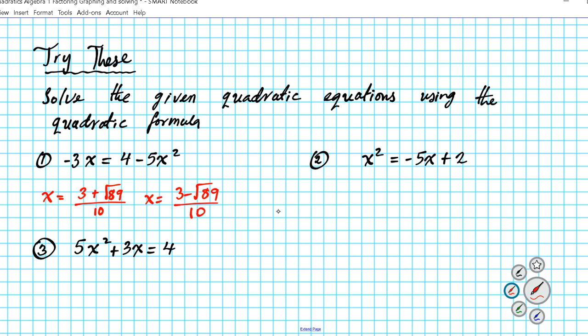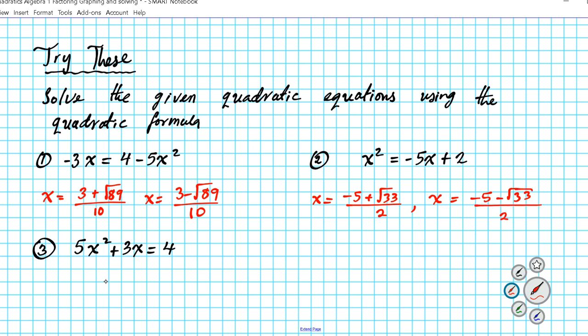All right, number 2, the answer is x equals negative 5 plus root 33 over 2, and x equals negative 5 minus root 33 over 2.